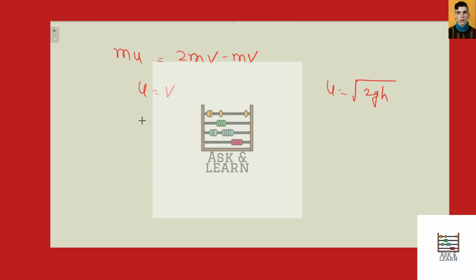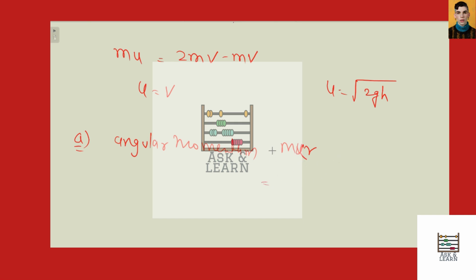Now in the first part of the question we have to find the angular momentum of the system about the center of mass of the rod. So angular momentum is given by m u r.